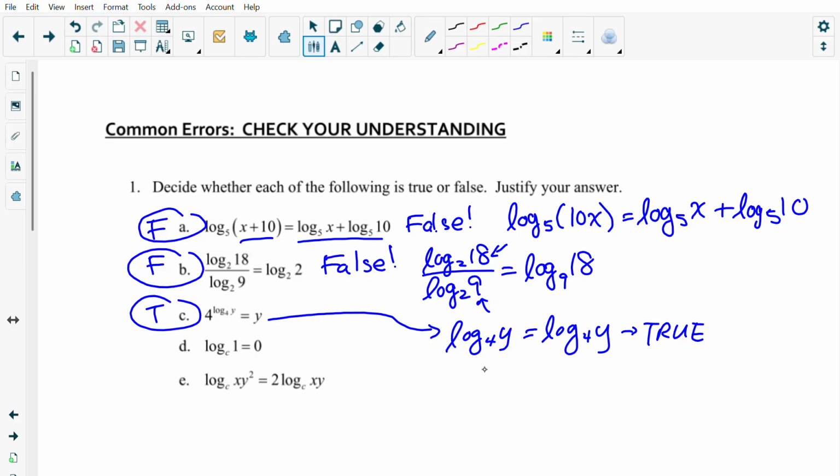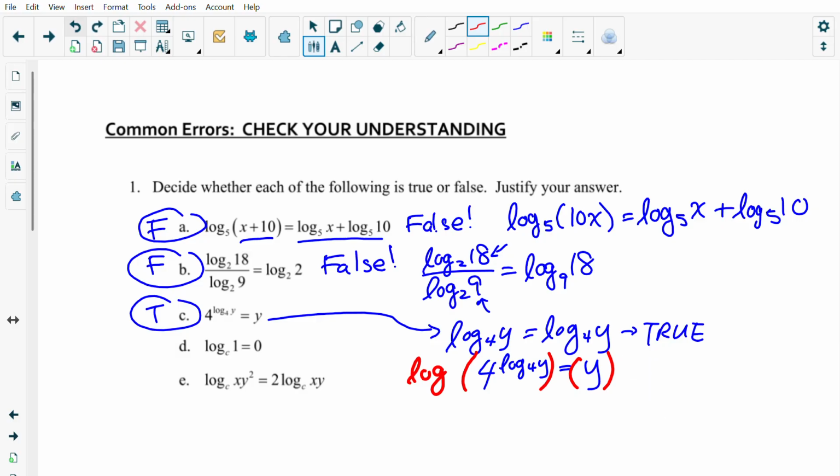Or let's think of this. Let's take the logarithm of both sides. So if I have 4 to the log base 4 of y equals y, let's take the log of both sides, just the log, common log.